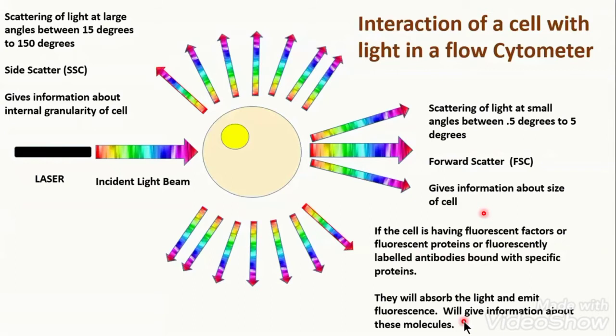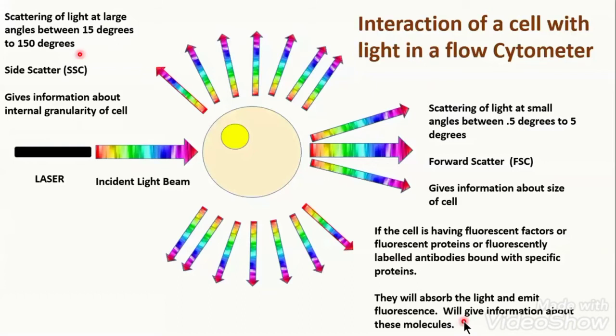Now, the light can enter inside the cell, and inside the cell, what we are having biomolecules, we are having cellular organelles, we are having nucleus, we are having endoplasmic reticulum, we are having mitochondria. So all because of these granules or these bodies, the light can scatter, and the angle of that scattering of light comes between 50 degrees to 150 degrees.